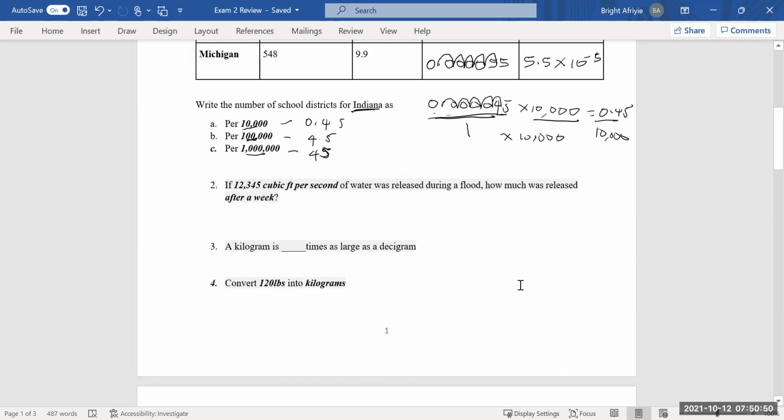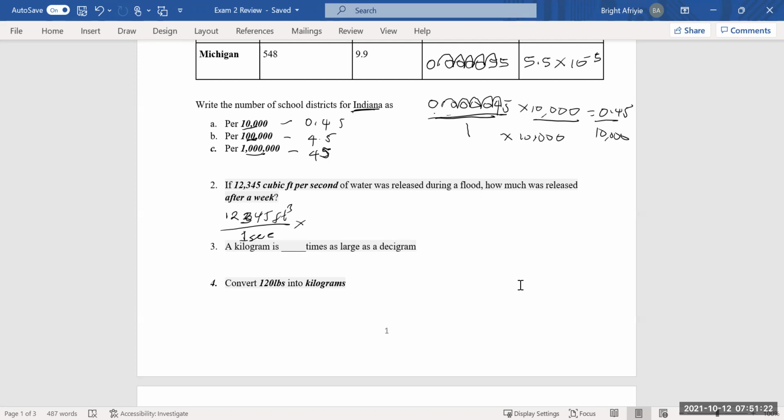So you know that 12,345, and you're talking about cubic feet, and this is per 1 sec, okay? Now, what you're going to do is you want to find per week how much was released per week. So really, you have to go from seconds into minutes, hours, and then hours into what? Into days, and then finally into weeks.